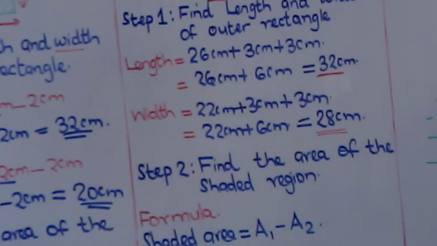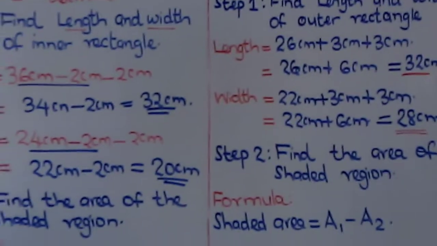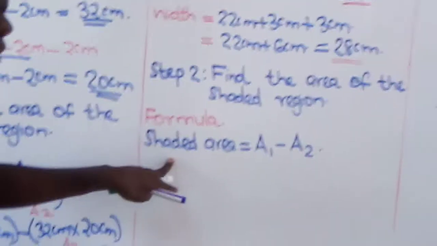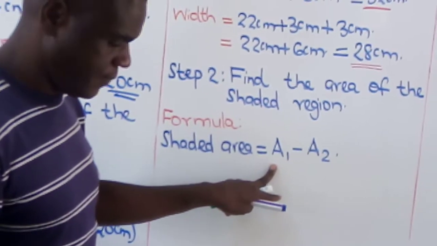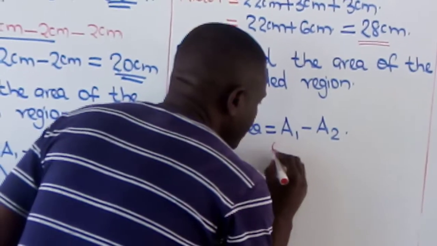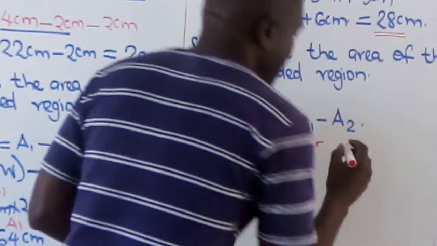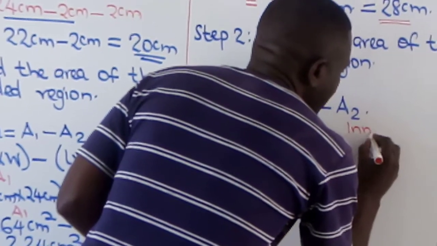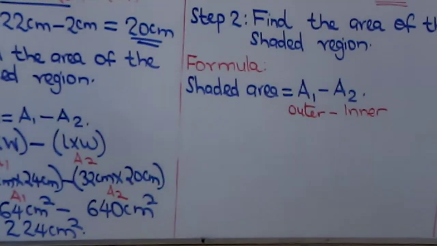Step number 2, find the area of the shaded region. The formula is this: shaded region equals area 1, the outer one, minus area 2, the inner. So it's the outer minus the inner.